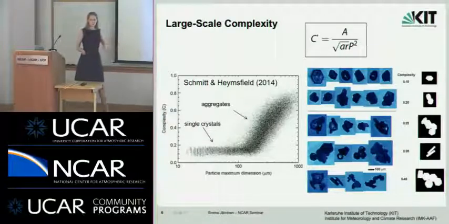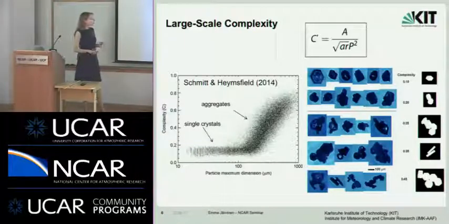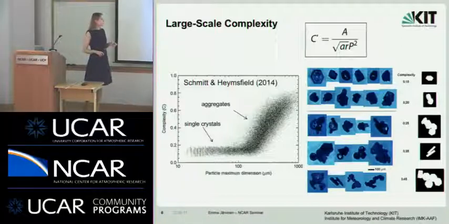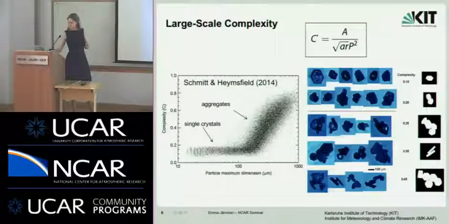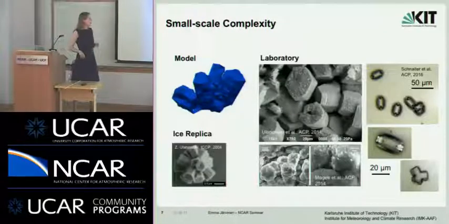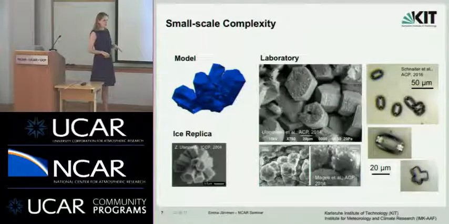So we can use a threshold to define whether a particle is an aggregate or not based on these images. I'm presenting this because I'm going to use it later in my talk when we study aggregation in tropical systems. But what is more difficult to quantify is the small-scale complexity of the ice particles.